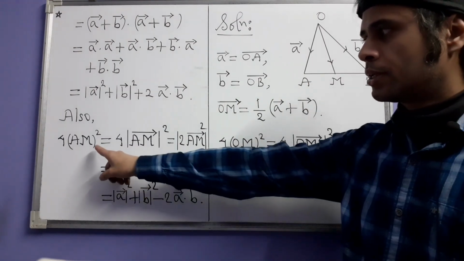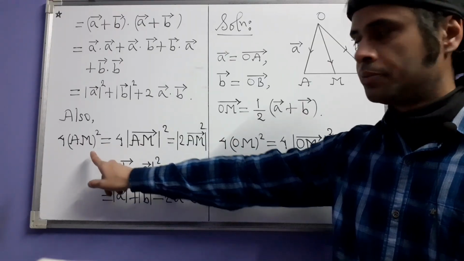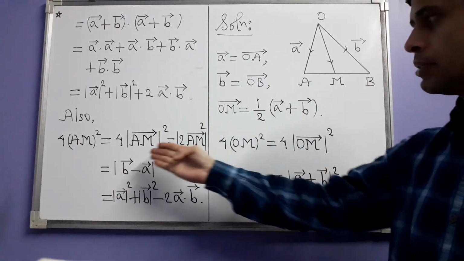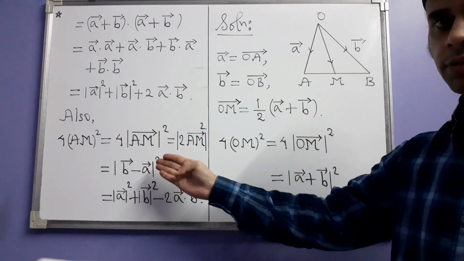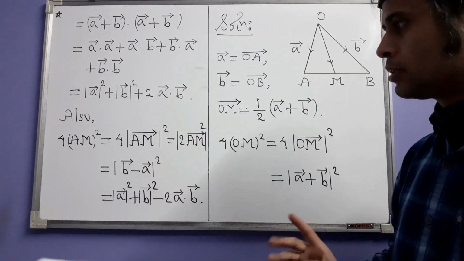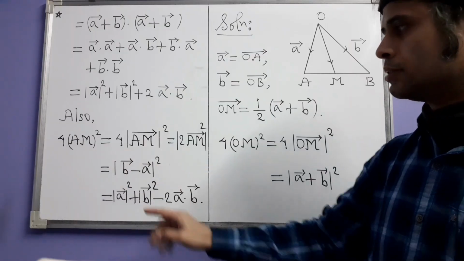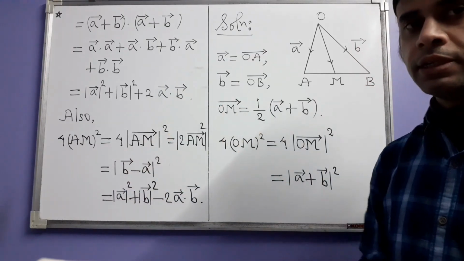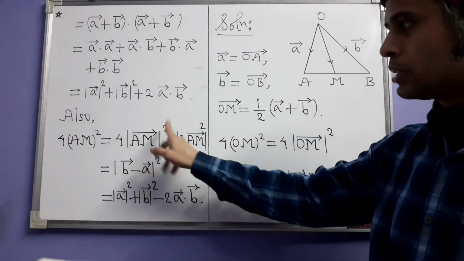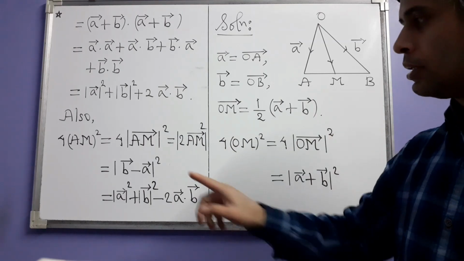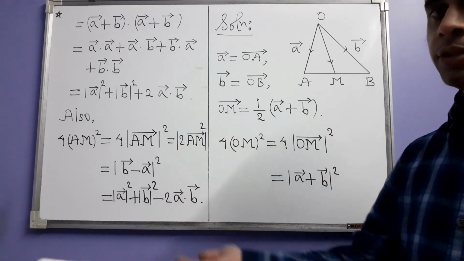And next we consider 4 times AM square, which like this one is 4 times the square of the magnitude of the vector AM. This time, however, instead of keeping the 4 outside like this, we push it inside. First it goes inside the square, it becomes 2, and then it goes inside the magnitude of AM.